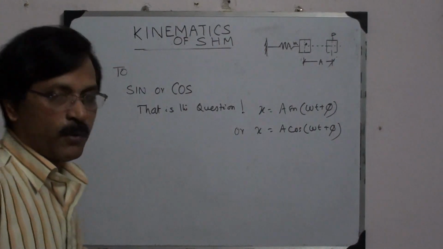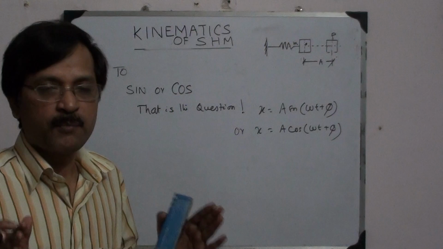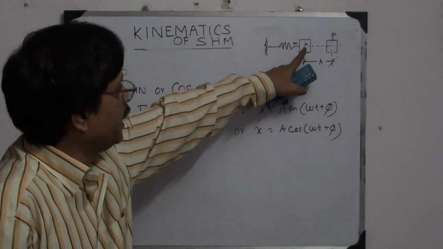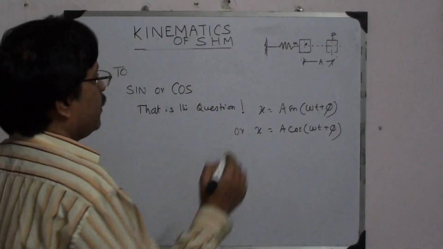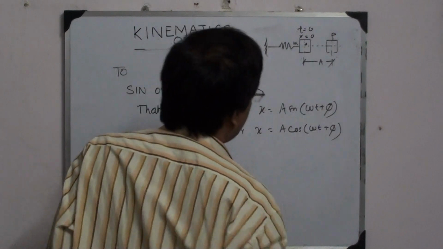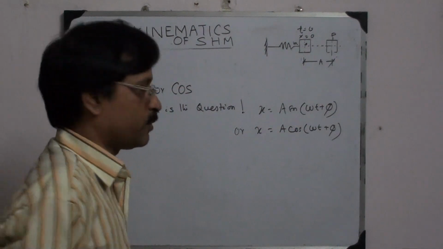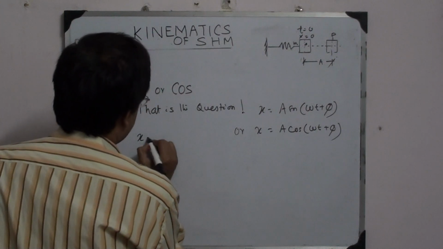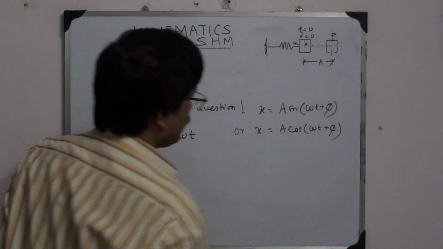Remember, if we want to take the initial point as the middle point, that is the mean position, and we tell that at t is equal to 0, x is equal to 0, you have to take the equation x is equal to a sine omega t plus phi. This is x is equal to a sine omega t.